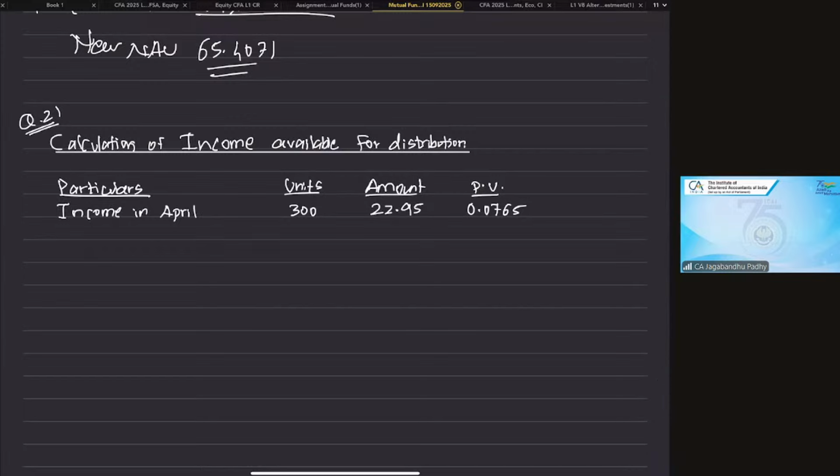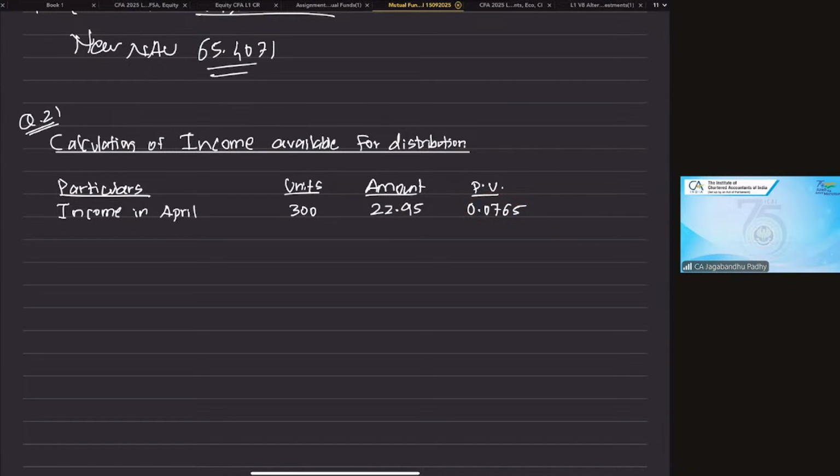But in future, when the mutual fund declares dividend, can it say that we will give dividend only to the unit holders in April and not to the unit holders in May? We can't do that, right? So when in future I declare dividend, I should ensure that this money goes only to the old unit holders. New unit holders can't be given the benefit of this. So how do I ensure that?